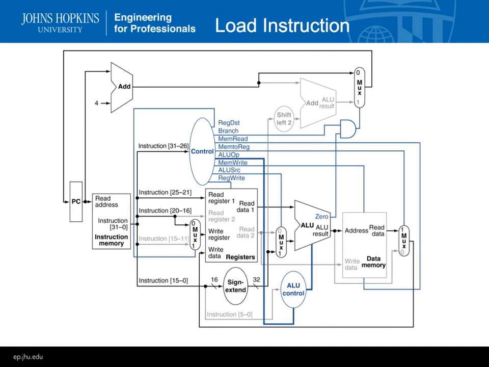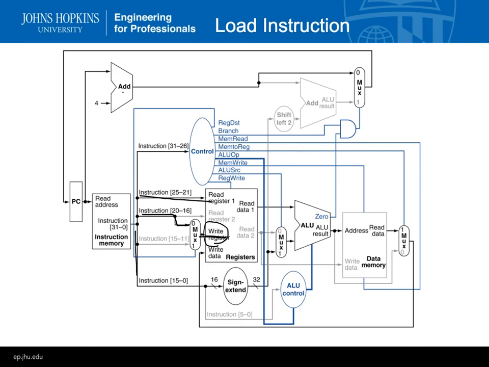And now load. Similar, I'm just going to add 4, so up here is just getting the next address for the next instruction. I'm going to send in the one register, and this second register here is going to be the one I write to. It's a load word.